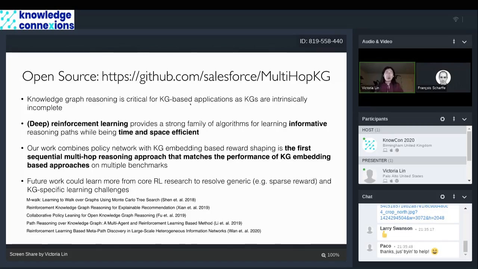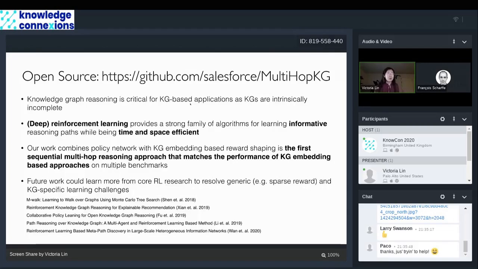Reinforcement learning approaches, especially deep reinforcement learning approaches nowadays, are a strong family of algorithms for learning informative reasoning paths, and this type of algorithm is also time and space efficient. I also introduced one of the models we proposed, which combines a vanilla policy network with knowledge graph embedding-based reward shaping. That is one of the first algorithms that performs sequential multi-hop reasoning but also matches the performance of knowledge graph embedding approaches on multiple benchmark datasets.